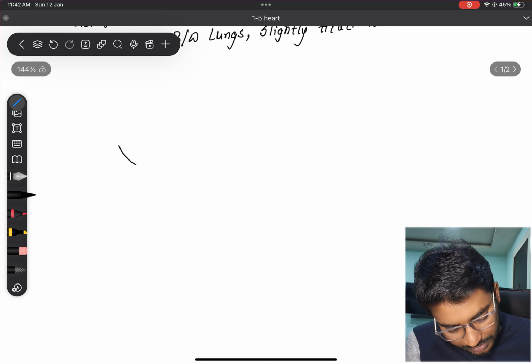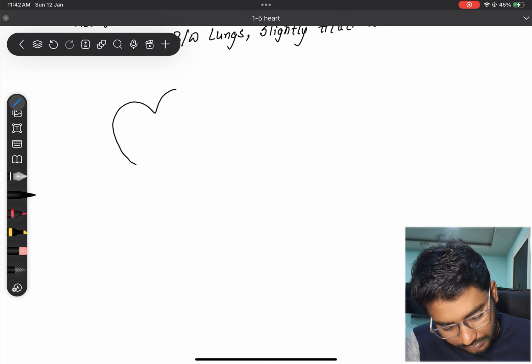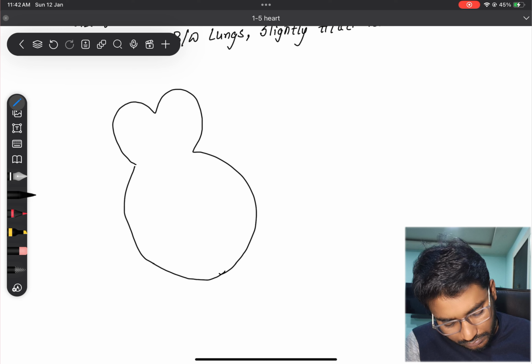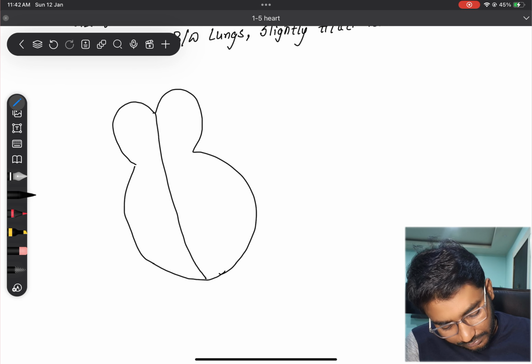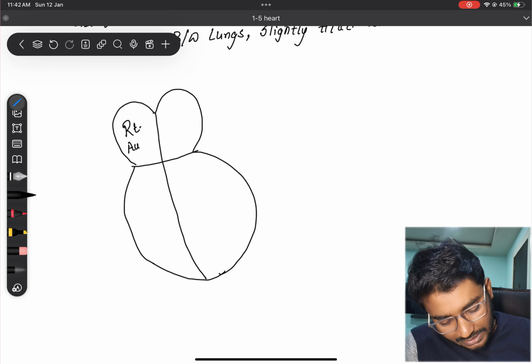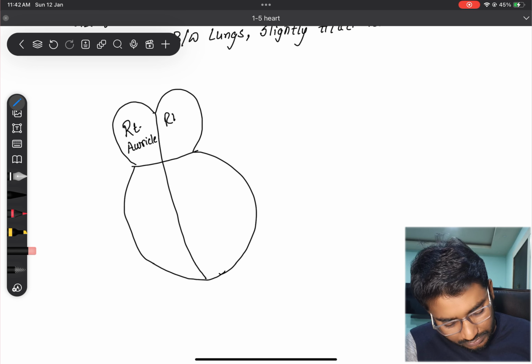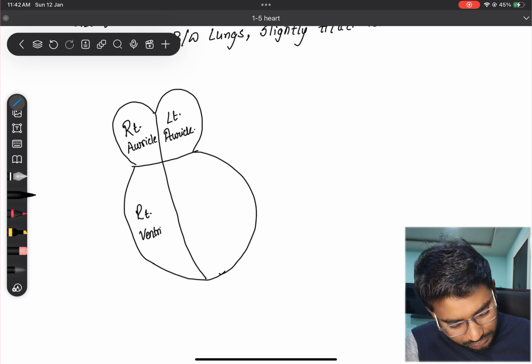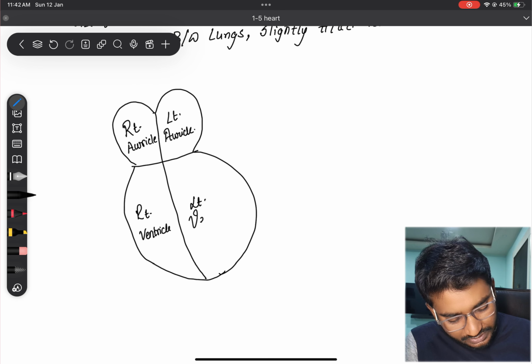So let me draw a heart first. This is a very basic structure. This is the right auricle, left auricle, right ventricle, left ventricle.